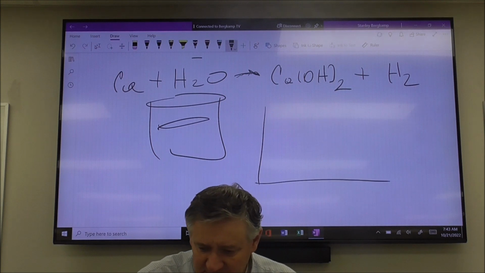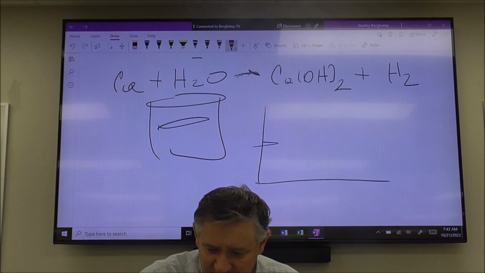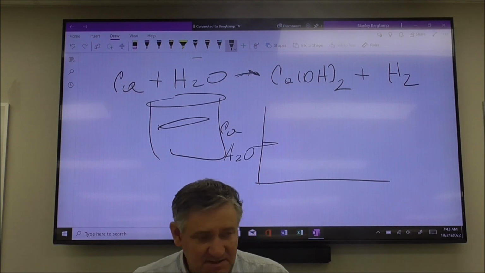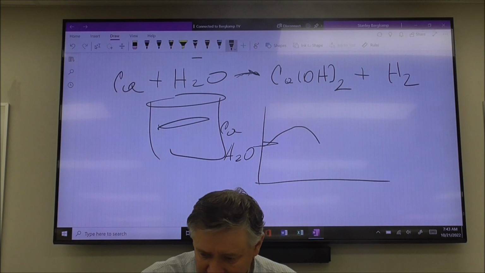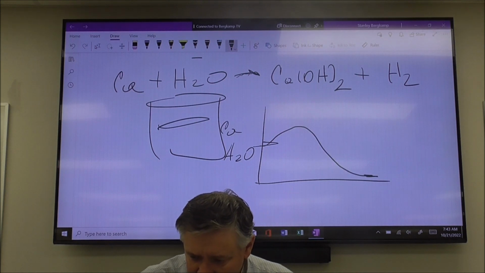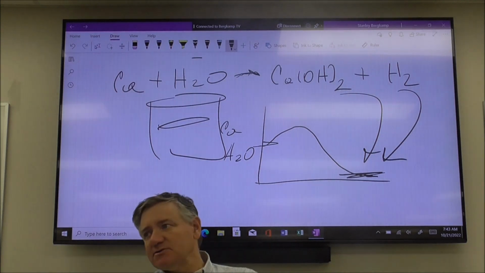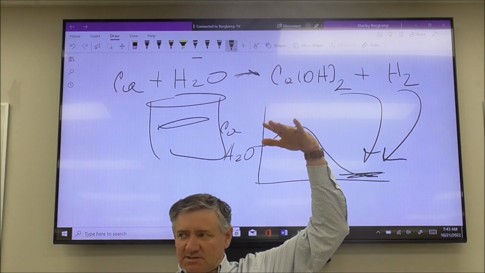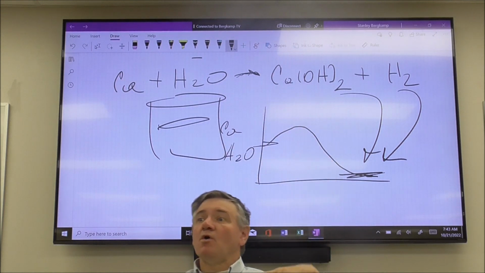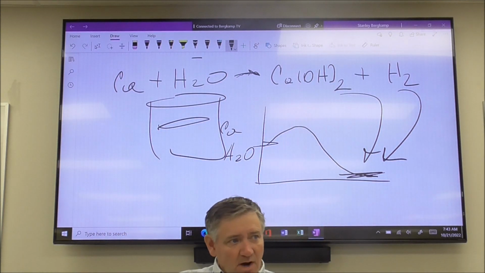You all have talked about this in terms of a reaction: here was the initial energy state of the calcium and the water. You mixed them together, which was that activation energy, and then you ended up way down here. So these products of calcium hydroxide and hydrogen ended up at a much lower energy state than where you started, which is why it got so hot.